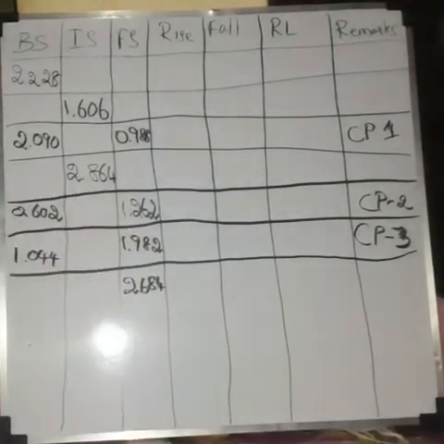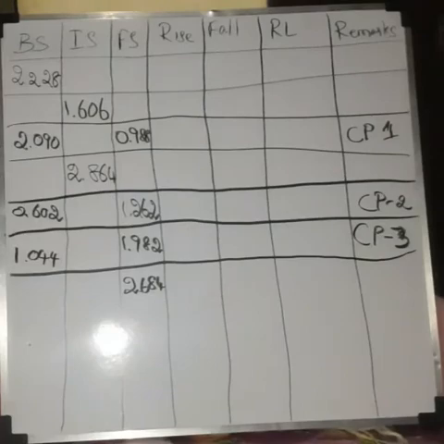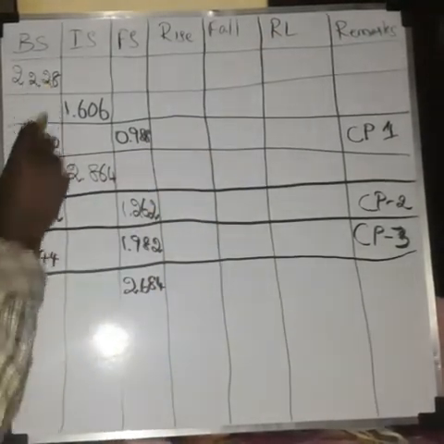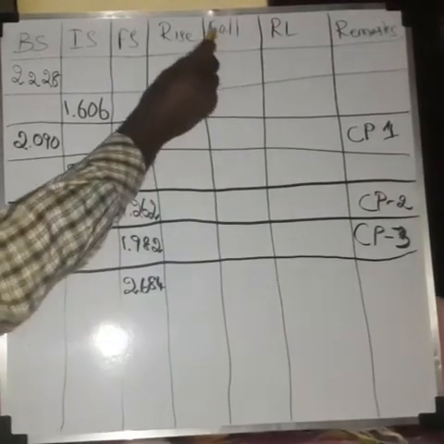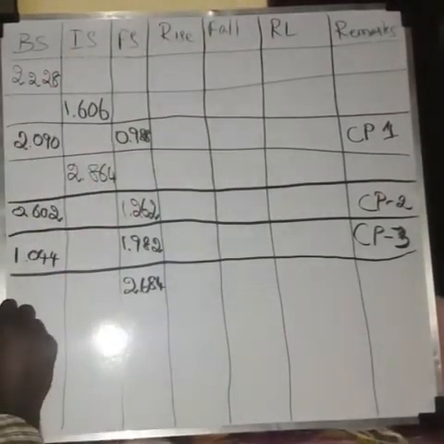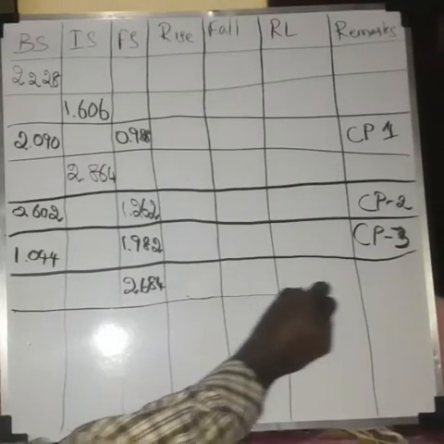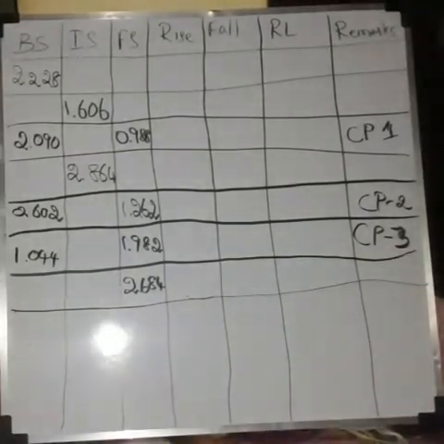This is the problem given here. We can find the reduced level of the given observations using the rise and fall method. So this is the first step: enter the given observation into the table.